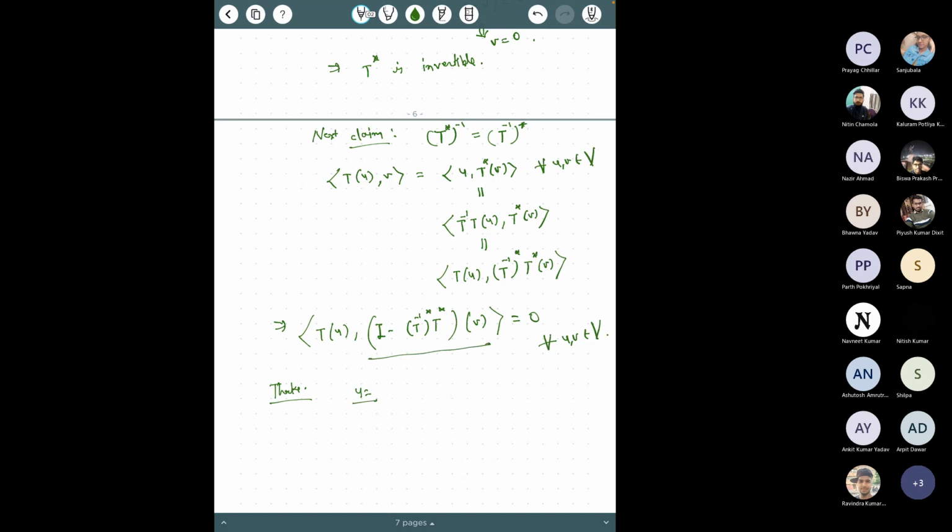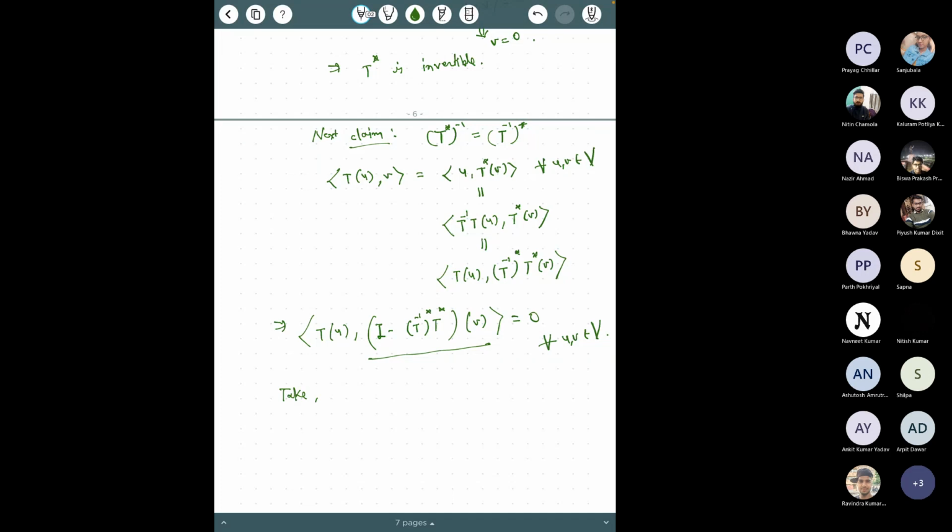If this is 0 for all v, then I can say that I minus this quantity is 0. So that means I'm done. So what should I choose here? What should I take u as?